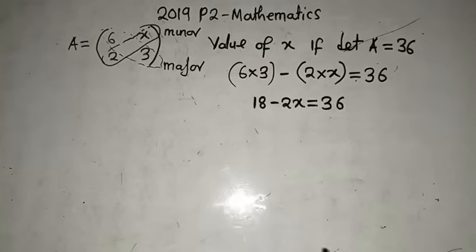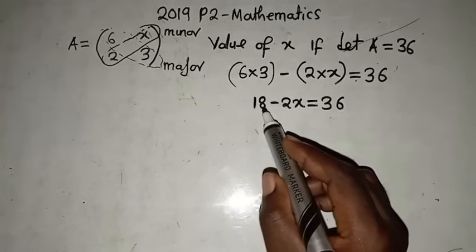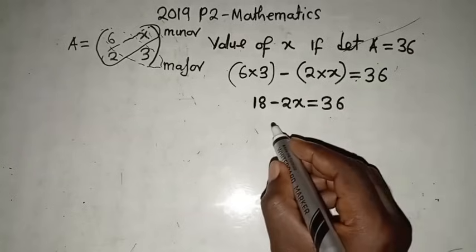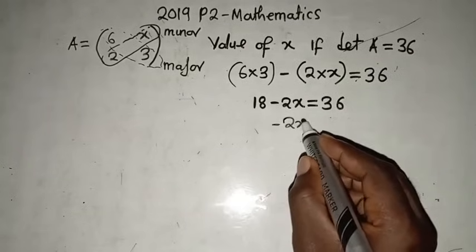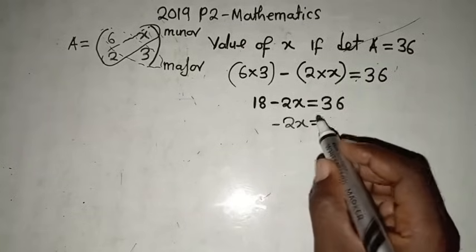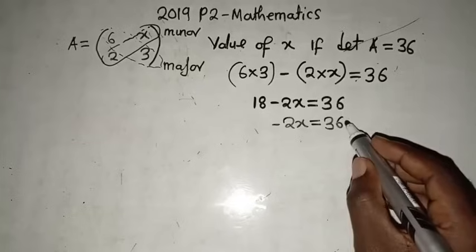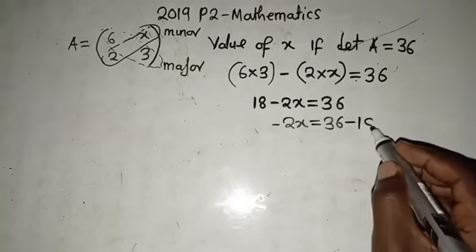You are calculating the value of X. So what we are going to do is that this 18 goes to the other side. So I'm going to have negative 2x is equal to 36. Since this is positive, when it goes to the other side, it becomes negative 18.